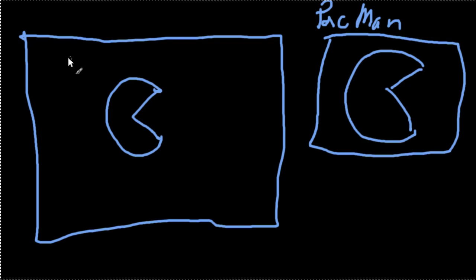So I could say I want to blit from here onto the screen here, but I only want it this big. So what you'll actually see on the display is that this won't be drawn. It'll just be the piece that actually fits in that region.